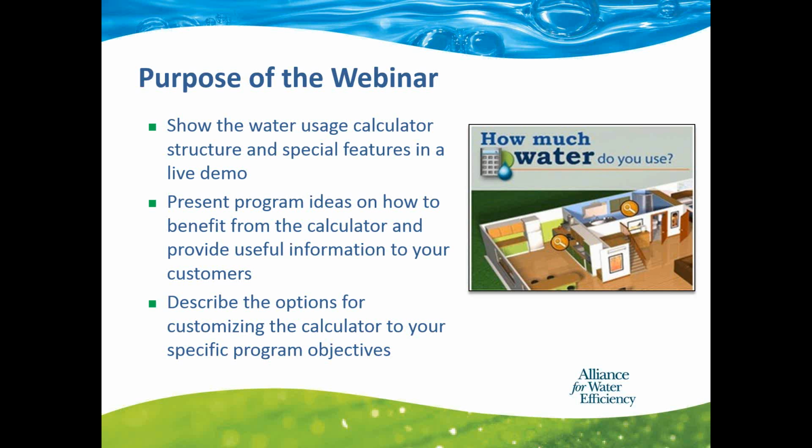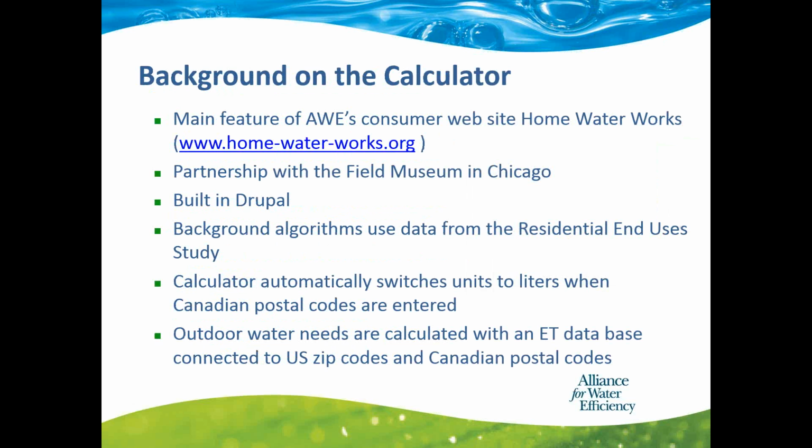So let's start with the background on the calculator. Let's go to the next slide. As those of you know who are familiar with our Home Waterworks site, the calculator is a main feature of that site. That site is a website that we've built specifically for the customer, for the homeowner and home renting resident.